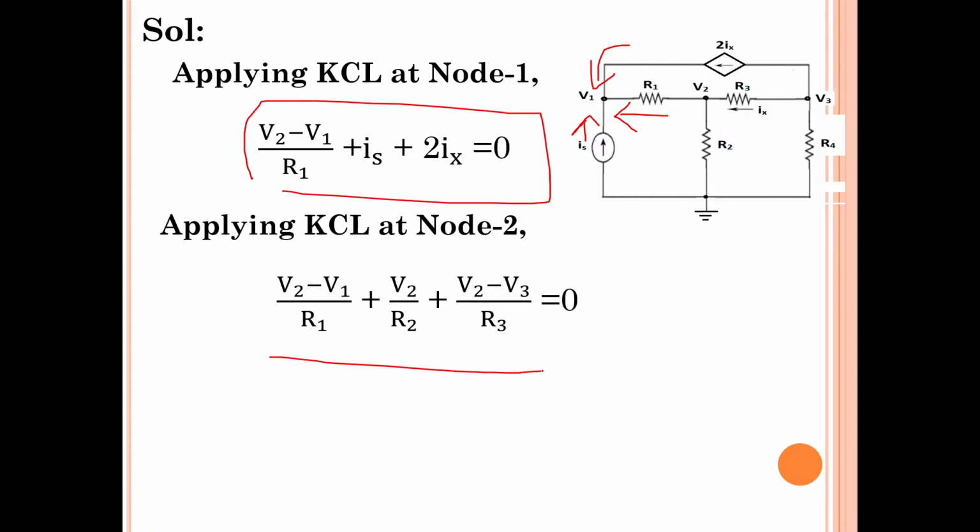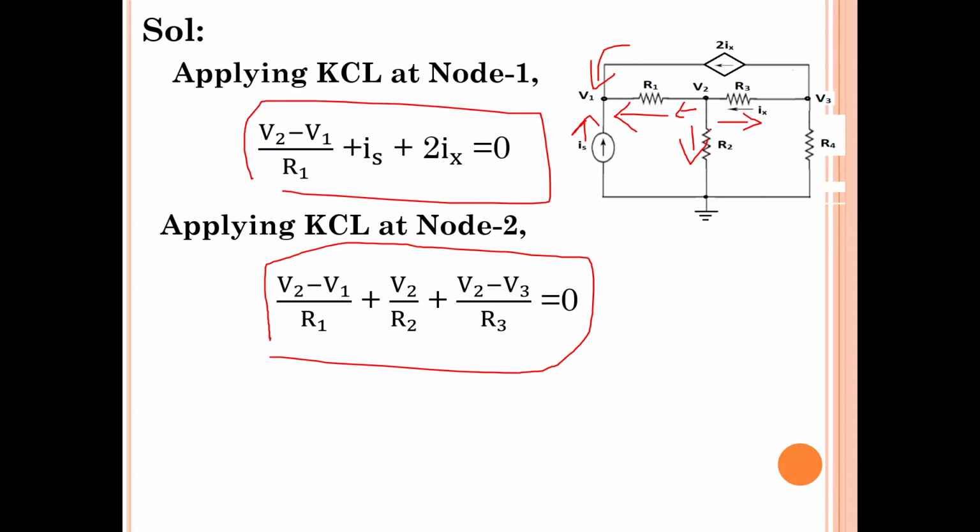For the second equation, at node 2, I have assumed all currents leaving: V2 minus V1 by R1, V2 minus 0 by R2, V2 minus V3 by R3. So at node 1, I have assumed all currents entering, and this is the equation for that.